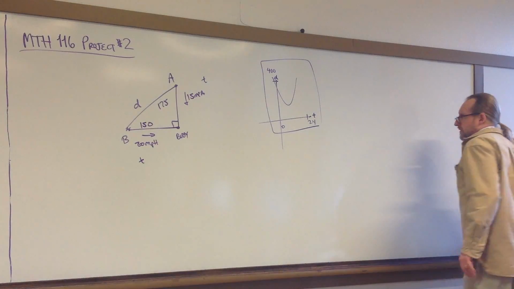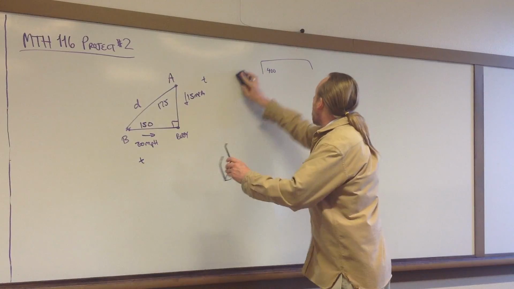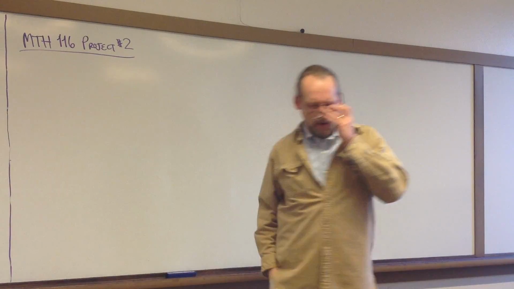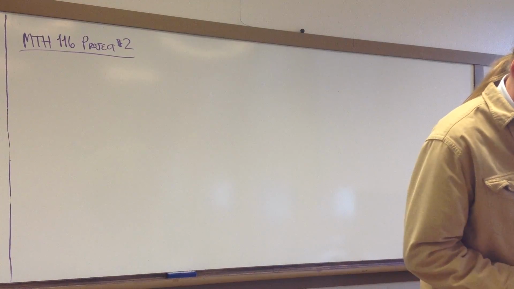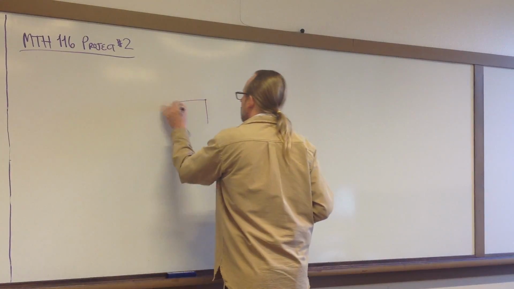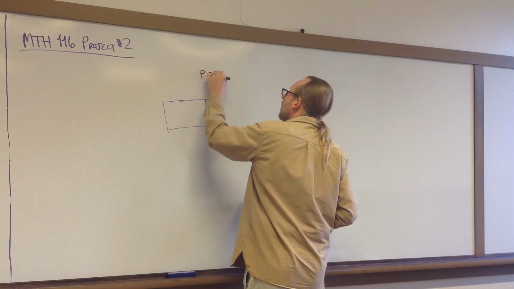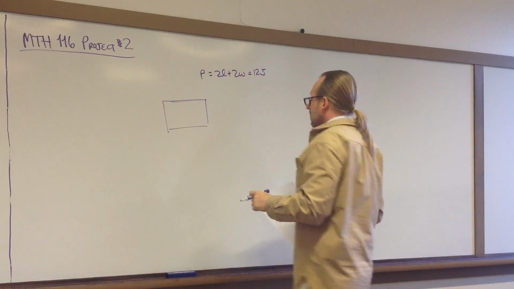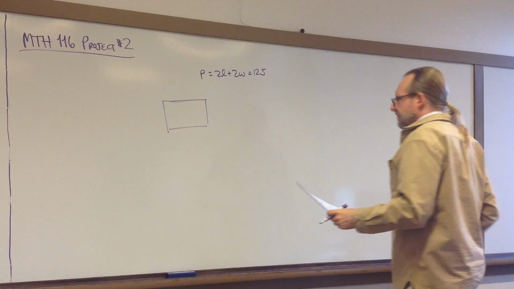Take a look at part 2. In part 2, you're going to have a rectangle where the perimeter is 125 centimeters. Express the area of the rectangle as a function of the width.